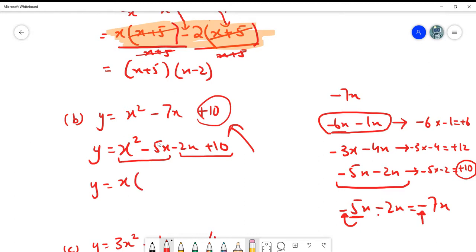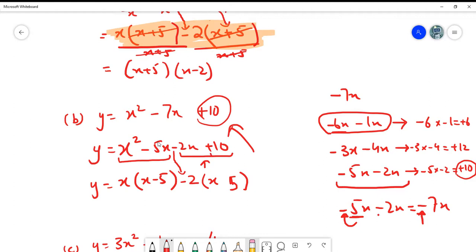So x being common means you have to divide x squared minus 5x by x, leaving behind x minus 5. And in the second pair, we can see 2 being common. Now I'll write 2 here, but I'll have to bring this sign as it is, which is negative. Now I'll divide 2x and 10 both by 2, which will leave me with x and 5.